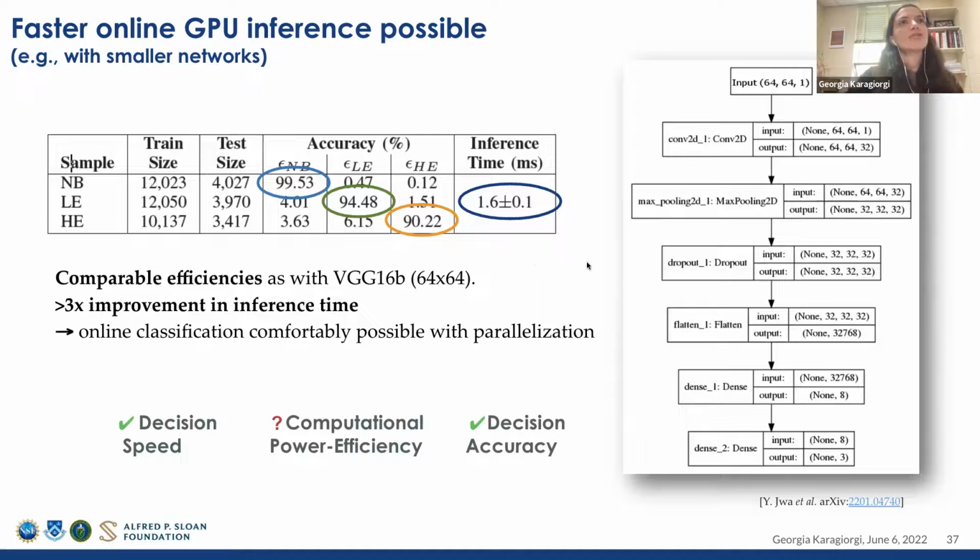So we were able to show that with a smaller network, even much better improvement in inference time could be achieved. And this also met the latency requirements for DUNE.